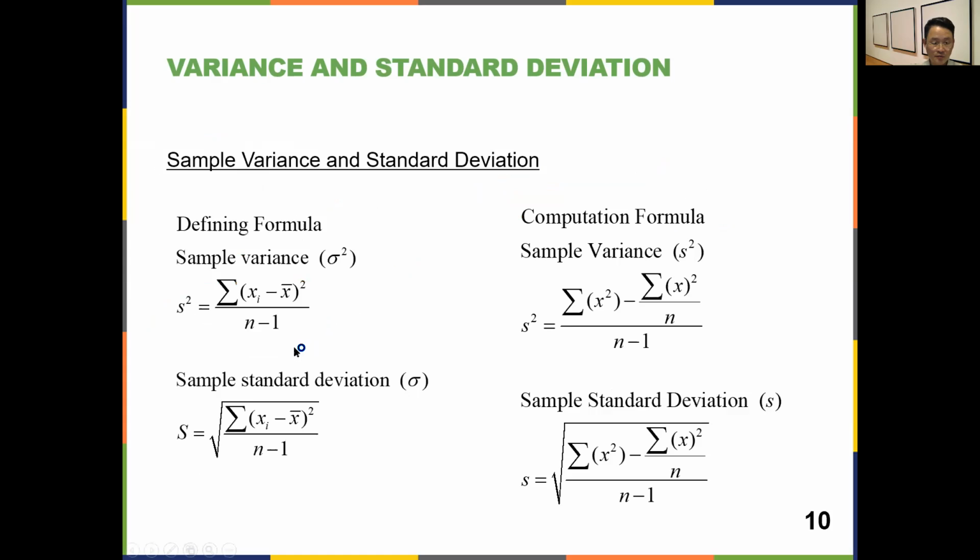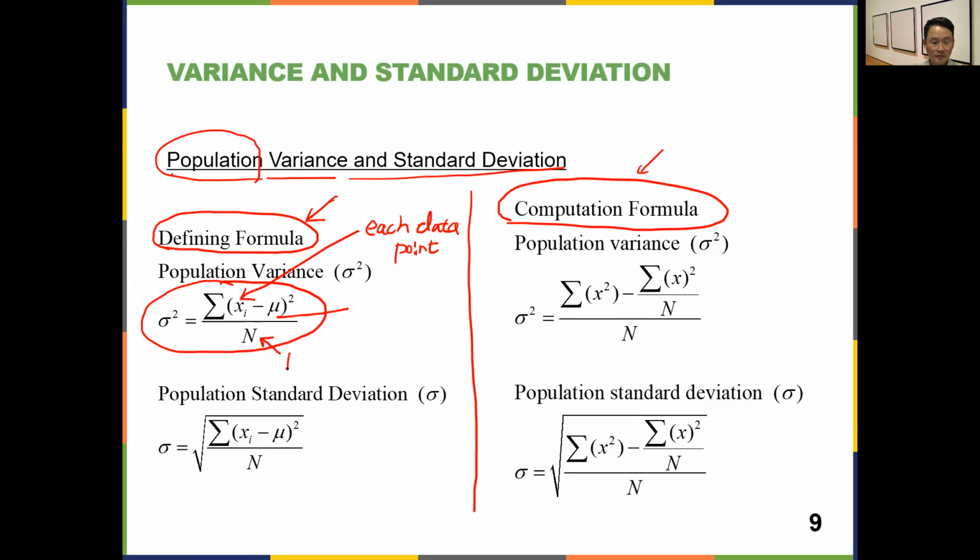This is the population size, right? This mu is the population mean. This x i is each data point.